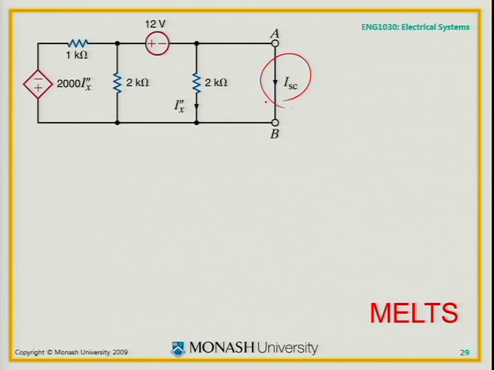What is IX double prime? So that's a mesh question. What is this current here?